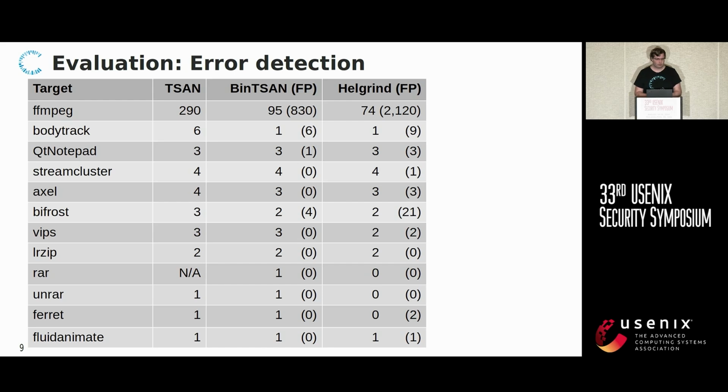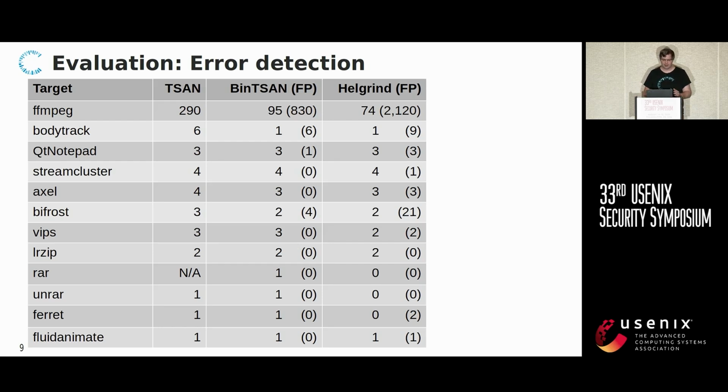In general, for the vast majority of applications in our dataset, BINTSAN performed really well, as it produced absolutely the exact same output as thread sanitizer would. However, there are some exceptions. The most notable one is FFmpeg, where we have a lot of false positives and a lot of false negatives.